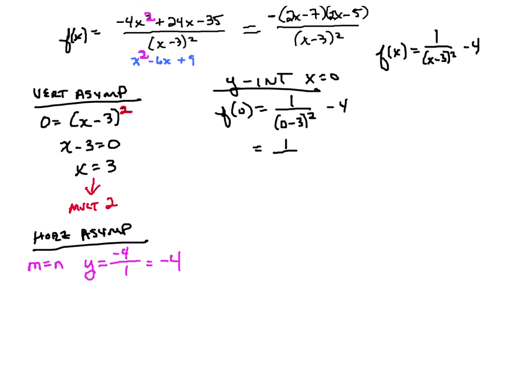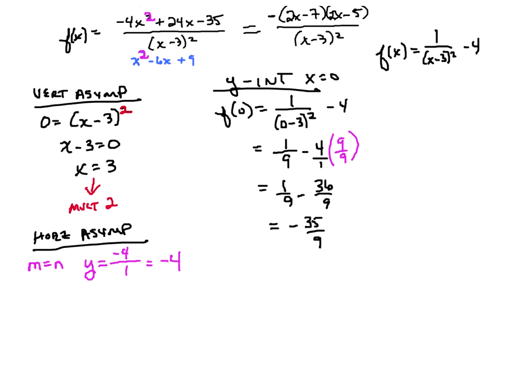Okay, so f of 0 is 1 over (0 minus 3) squared minus 4. So that's 1 over -3 squared, which is 9, minus 4. That's over an understood 1. I need to get a common denominator: 9 over 9. So 1/9 minus 36/9 leaves me with -35/9.